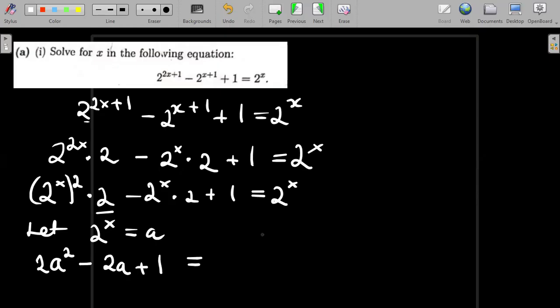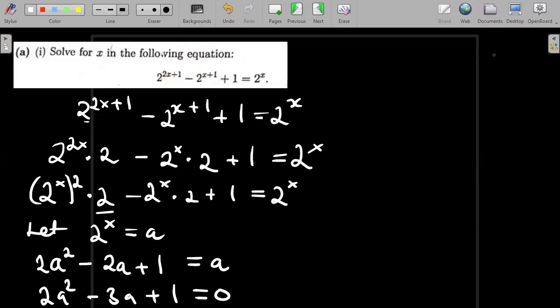Then the other side I have a. Okay, then I can bring everything to one side. So when the a goes the other side, it becomes negative a, and that will give us 2a squared minus 3a plus 1 is equal to 0.